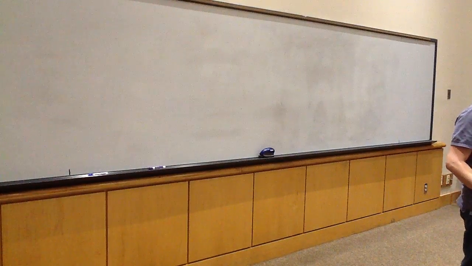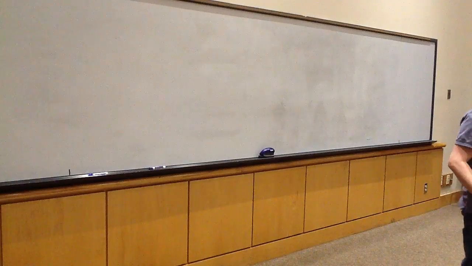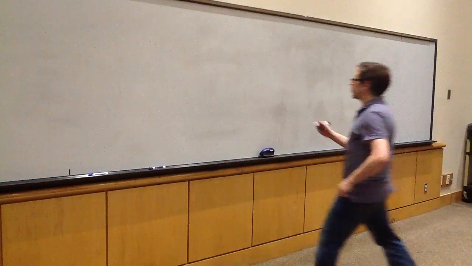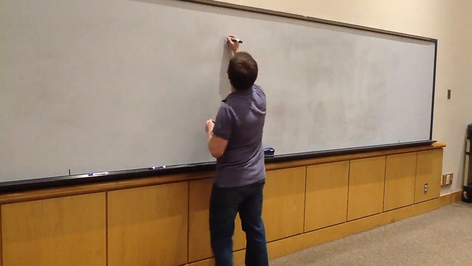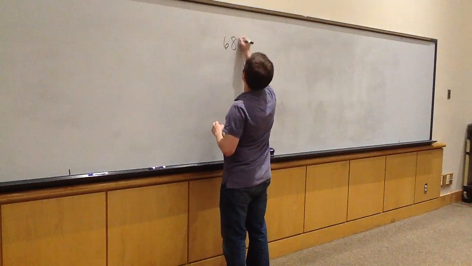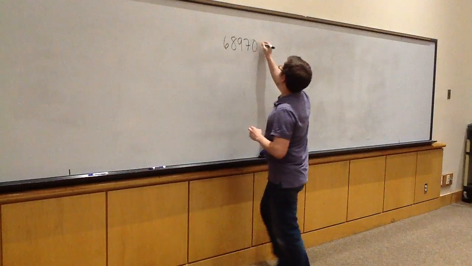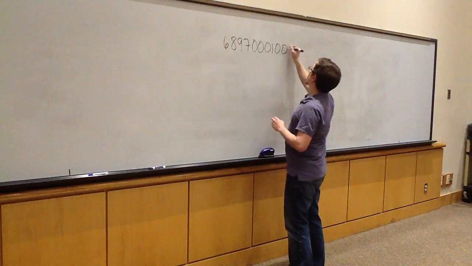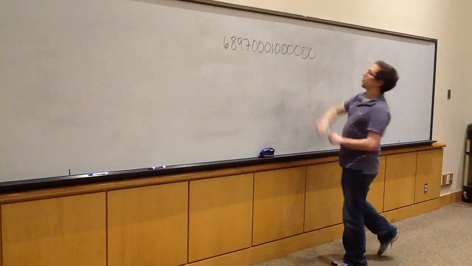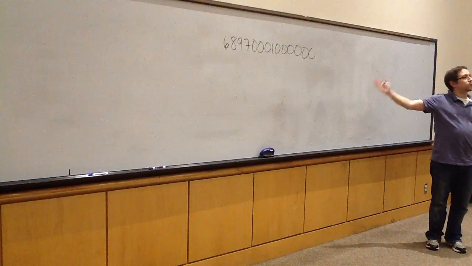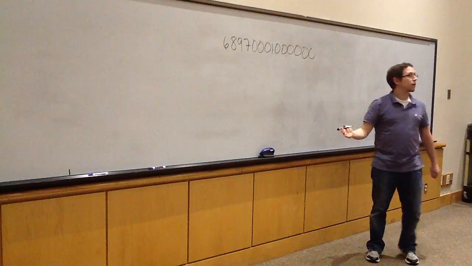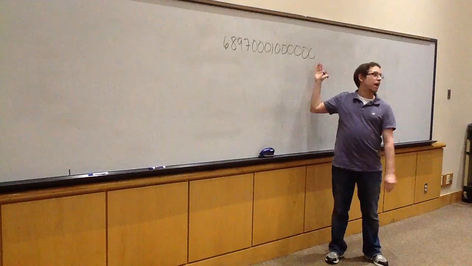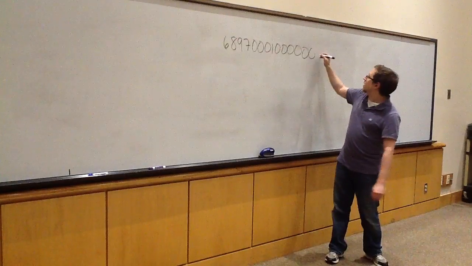It just provides us with a much easier way to write a particular number. Okay, for example, if for some reason you did an experiment where you got the number 689,700,100,000, okay? It would suck to have to write that number again and again in a paper, because it's a really long number, and you always have to remember to count however many zeros there are at the end.